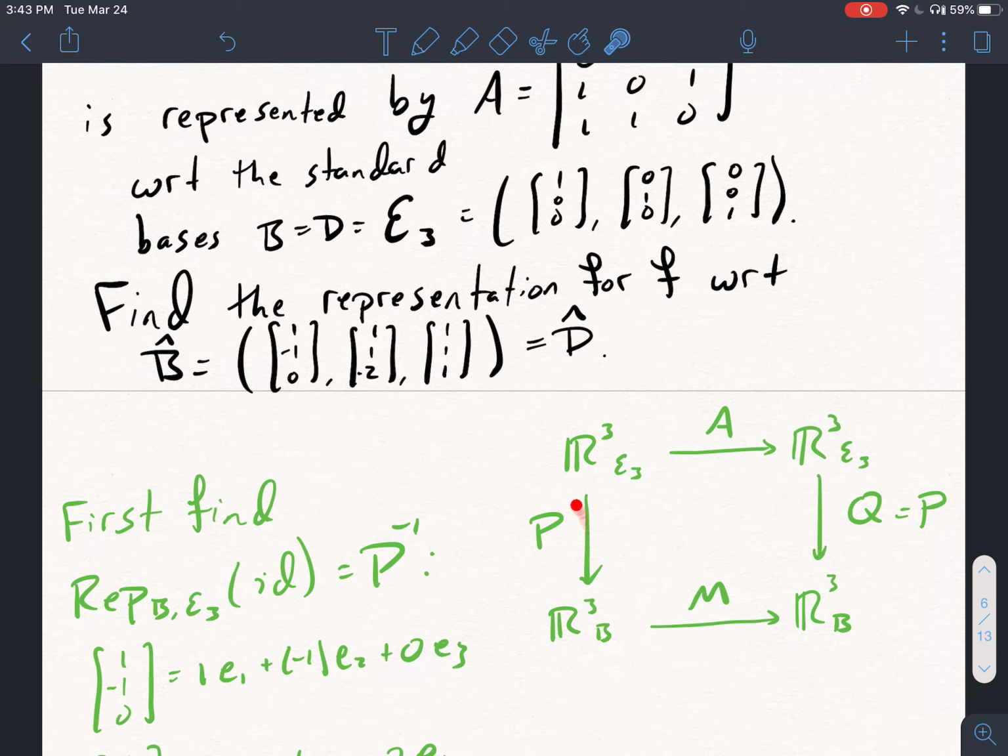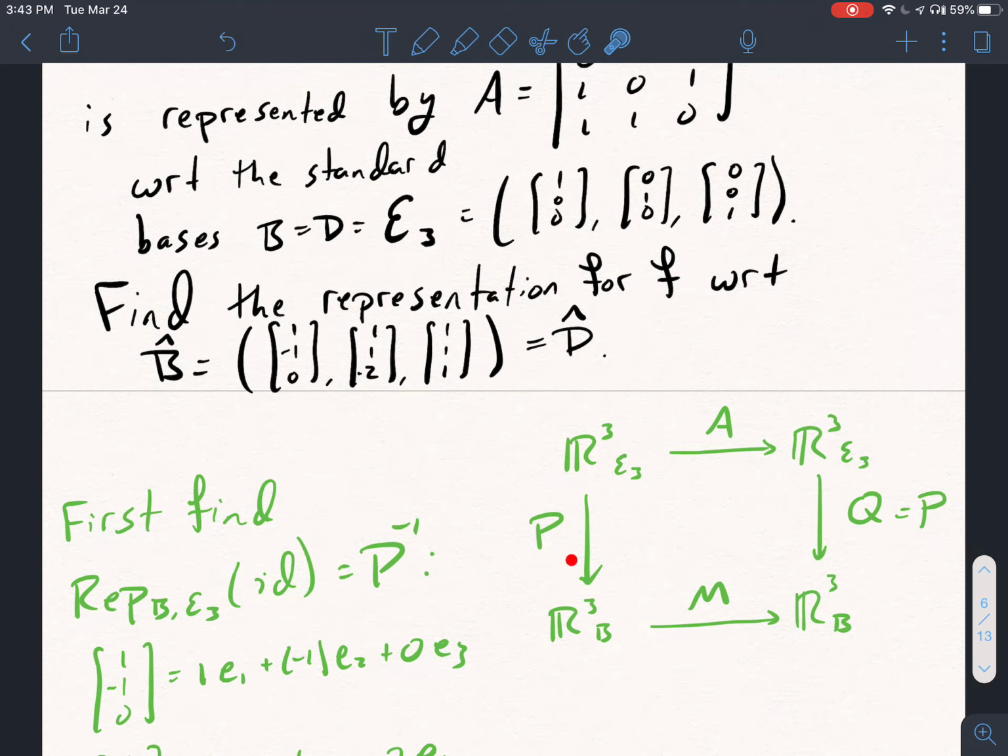And P is going to be the change of basis matrix between E3 and B. And M is going to be the matrix that I want to represent the map F with respect to B and itself B. So here, instead of Q in my diagram, since E3 and B are the same over here, then Q would actually just be equal to P in this case.